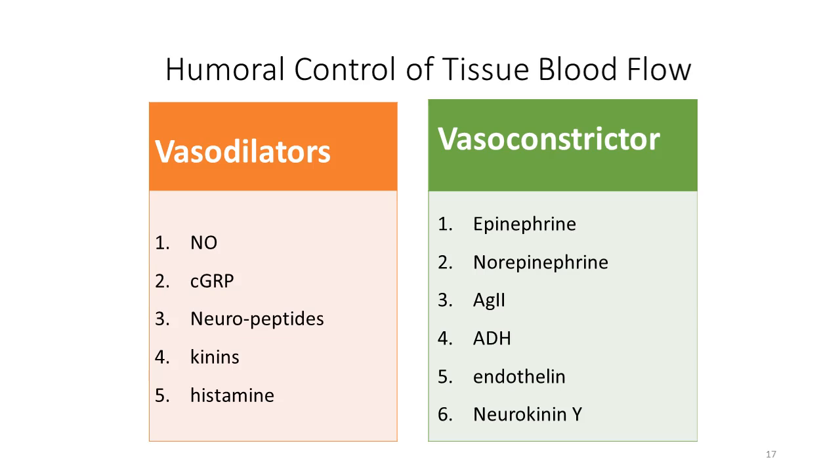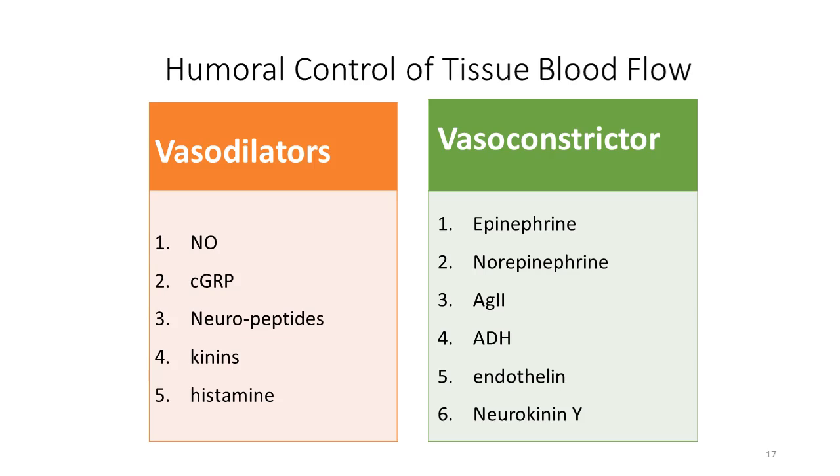Another vasodilator is CGRP, abbreviated as calcitonin gene related peptide. It is secreted from sensory neurons, and the sensory neuron secretion acts as vasodilation in the body.